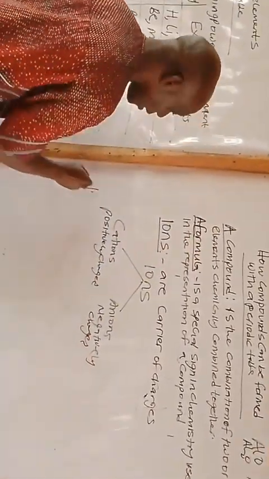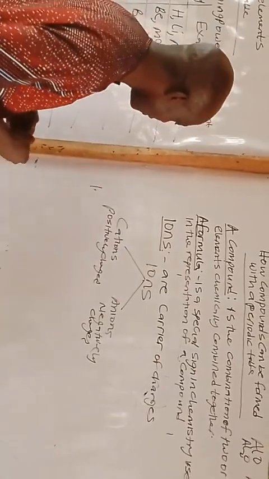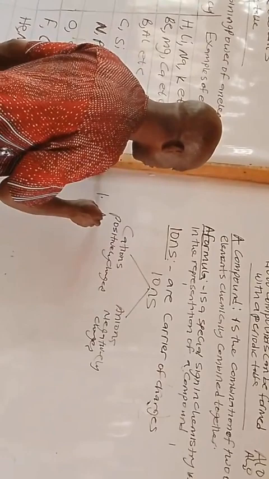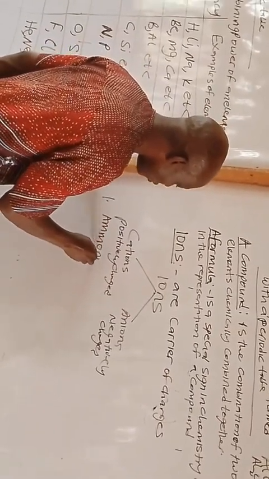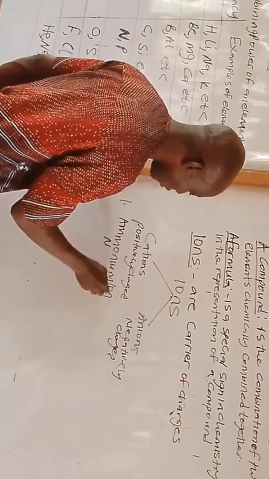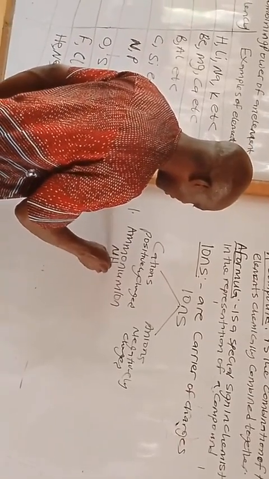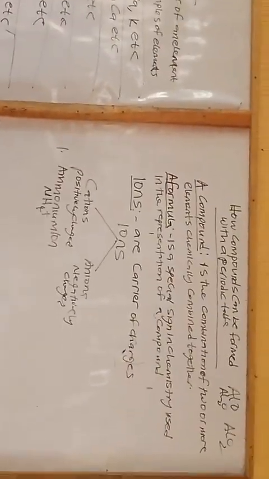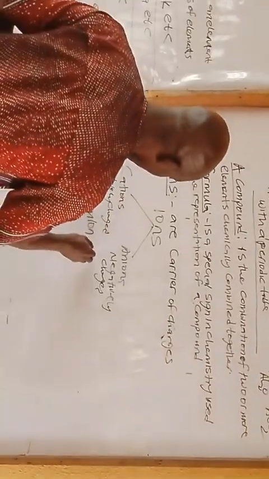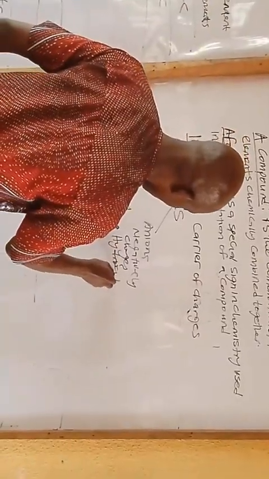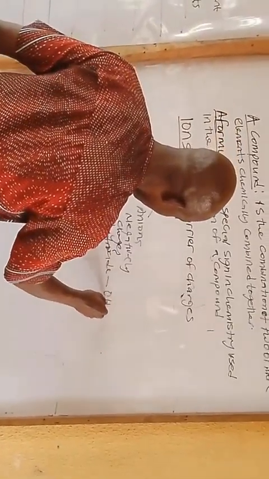And the major cation we have at your level that is more than one element is the ammonium ion, which is what? NH4 plus, showing that it's a positively charged ion. The anions are many. You have the hydroxide ion, which is OH minus.